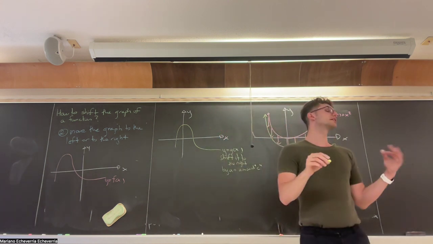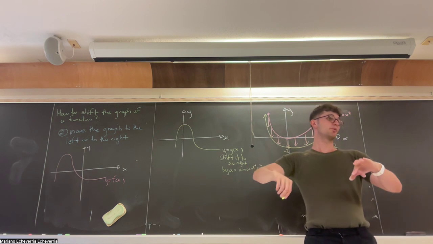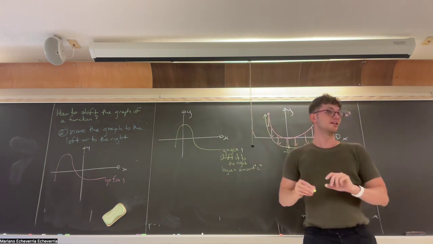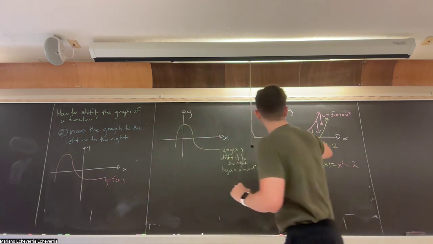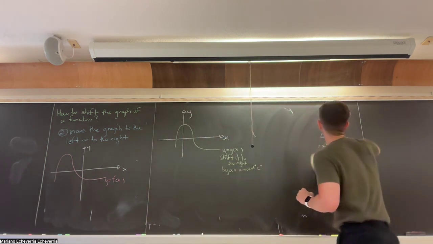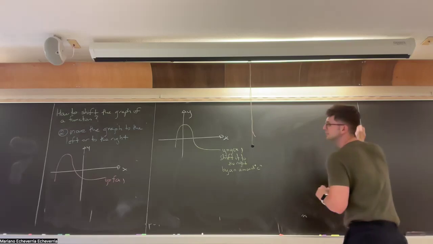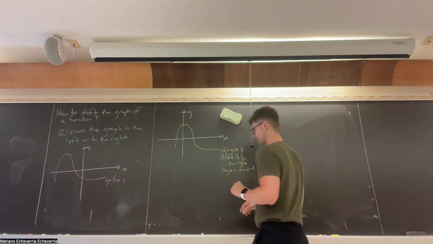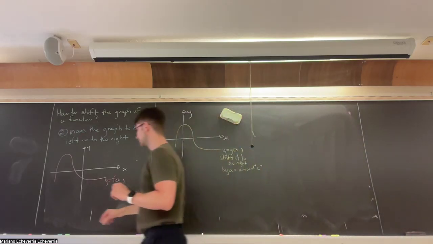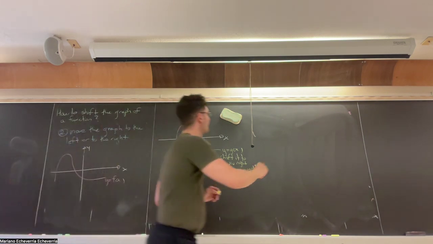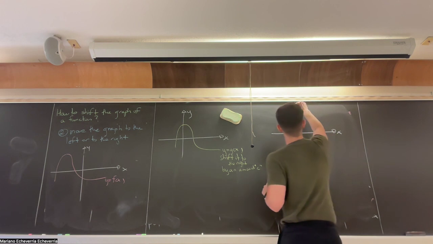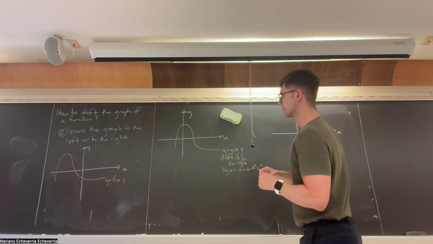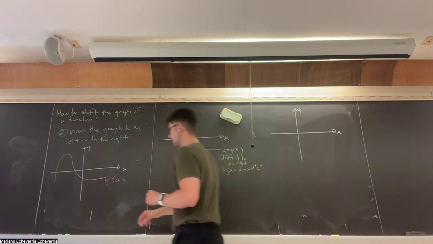It's not super clear maybe what's going on until you draw both on the same picture, which is what I'm about to do right now. This is where it can get a bit messy, so let me see if I can do it in a way that's not too complicated. So this was the original.